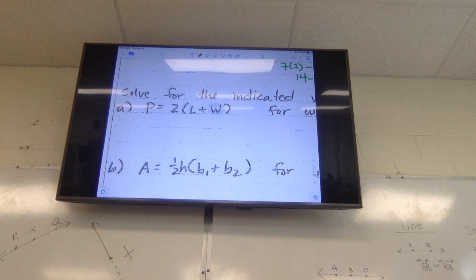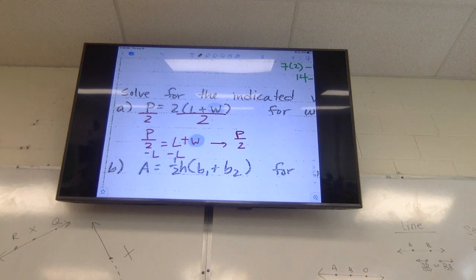How do I get rid of the 2? Divide by 2. So I get P over 2 equals L plus W. All right, we're almost there. And then what's the last thing I need to do to get W all alone? Subtract L. That gives me P over 2 minus L equals W.